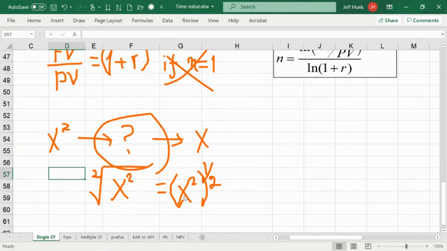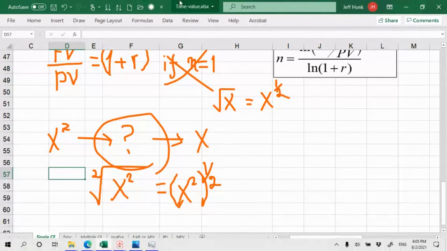In this case, we are taking the square root of the x squared, right? So we will lose the exponent. But think about it. This is square root of x, right? We don't know what it is. And another way of writing it is something raised to half power. Okay?